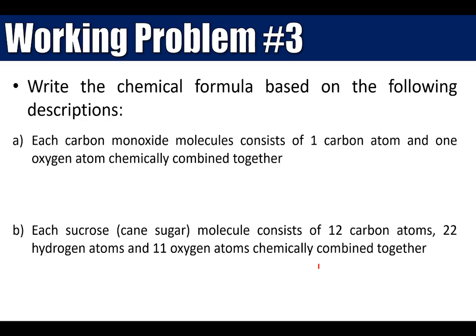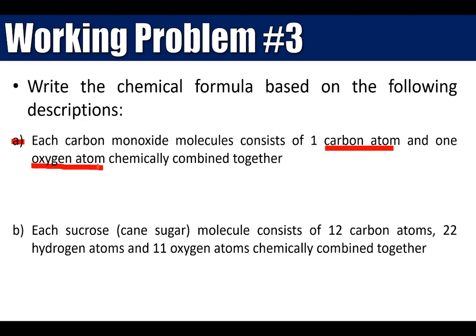Working problem number 3. Okay, so this here is a typical exam question that I might give you, or this is something that you may encounter. All right, write the chemical formula based on the following descriptions. If you had this description, for example, each carbon monoxide molecule consists of 1 carbon atom and 1 oxygen atom chemically combined together. See that the carbon atom and also the oxygen atom is written one after the other.